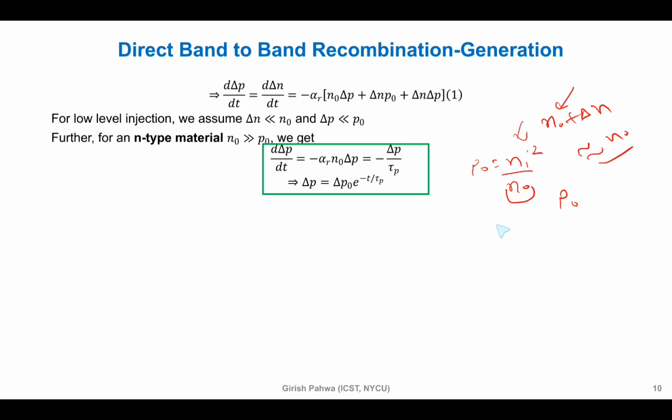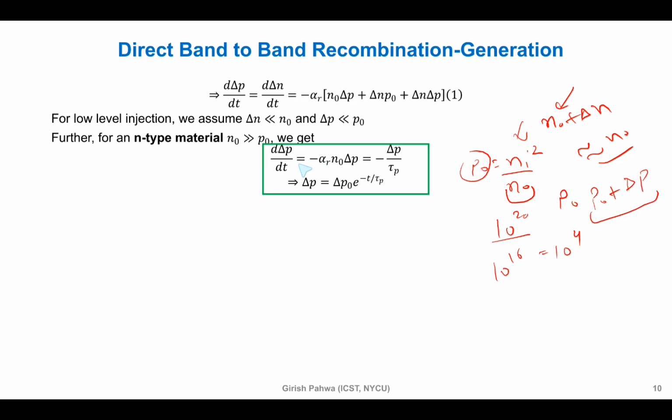Ni is 10 to the power 10, so 10 to the power 20 divided by 10 to the power 16 gives me 10 to the power 4 per centimeter cube. Very small, smaller than the intrinsic carrier concentration. So this P naught is already very small, and if you add a delta P here, it is a significant change, even if the delta P is small. So that's why I'm talking only about the minority. That's why I'm calling this tau the minority carrier lifetime.